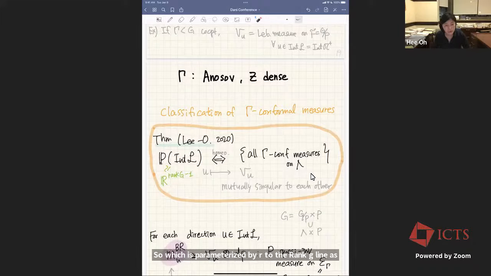This is compatible with the rank 1 case, because in rank 1, gamma is convex co-compact and this is simply a point. So this recovers the uniqueness of the gamma conformal measure proved by Patterson-Sullivan.